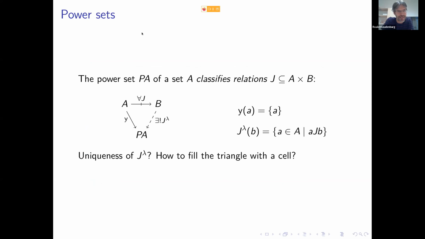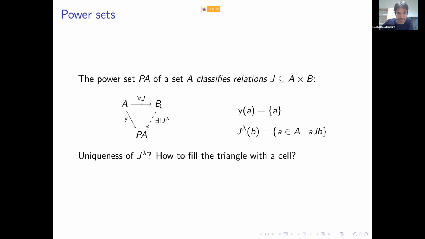We'll start with looking at the notion of a sub-object classifier. Well, not quite that, but a generalization, power object. But we'll take a simple case. We'll just look at power sets, so power objects in the category of sets. So a power set of a set A classifies relations from A into another set B. These are simply subsets of their Cartesian product.